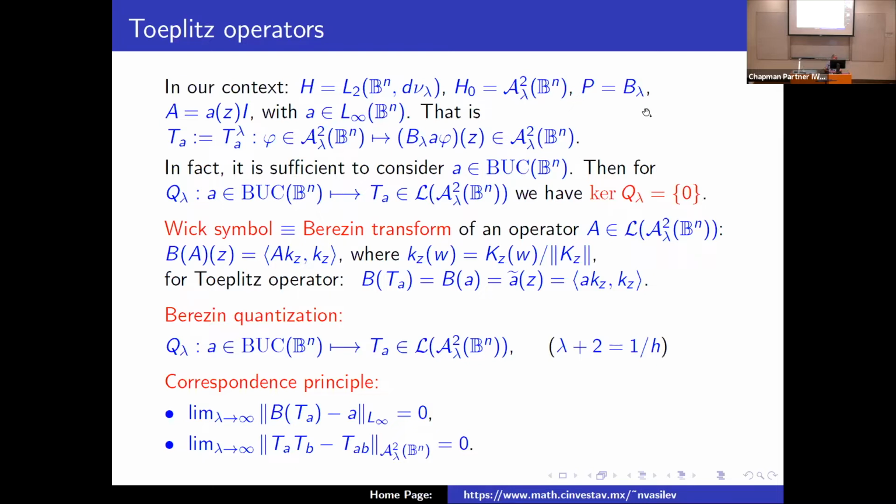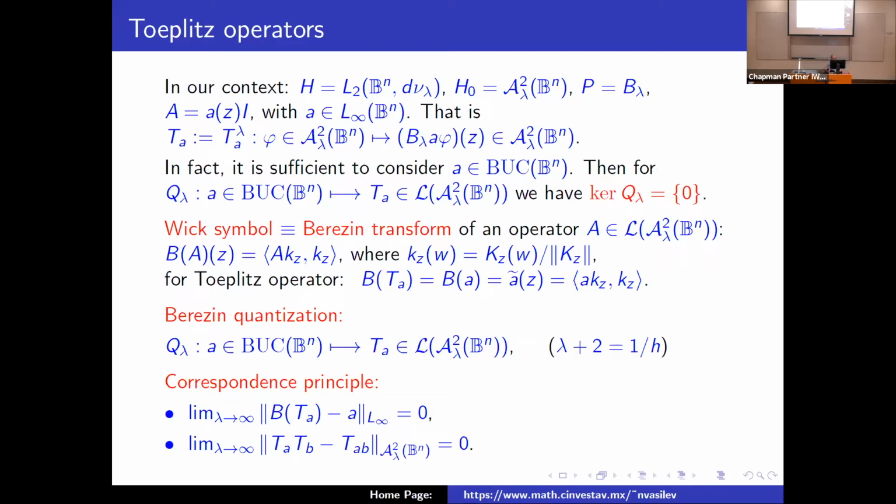What is known? It is known that if you would like to study properties of Toeplitz operators or the algebra generated by them, it is sufficient to consider bounded uniformly continuous symbols. The algebra generated by Toeplitz operators with such symbols coincides with the algebra generated by Toeplitz operators with L infinity symbols.